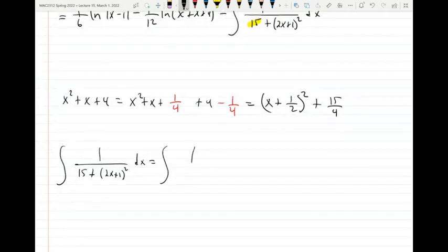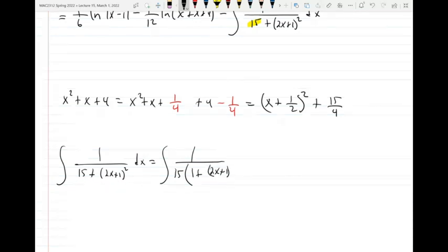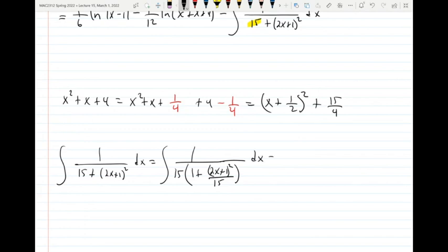Okay, so now what we do is we factor out 15. So we get 1 plus 2x plus 1 squared over 15. So a 1 over 15 comes out, and then we get 1 plus, I'm going to bring the 15 inside the square. So that will be 2x plus 1 over square root of 15, squared.